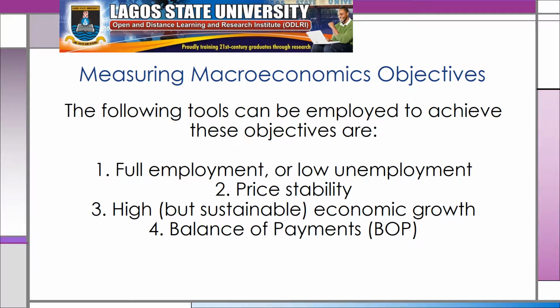We have high but sustainable economic growth. We have the GDP, gross domestic product. It measures the annual output or income or expenditure of an economy. It is designed to measure the market value of production that flows through the economy.